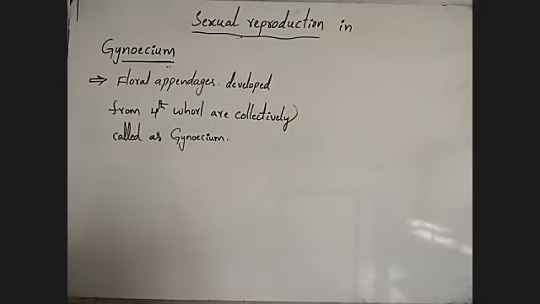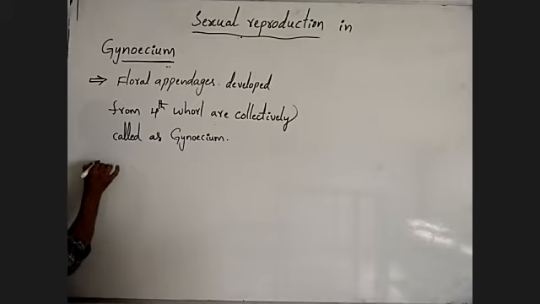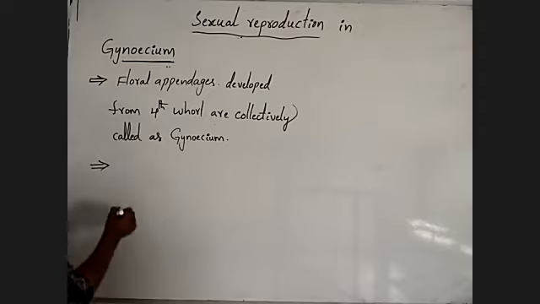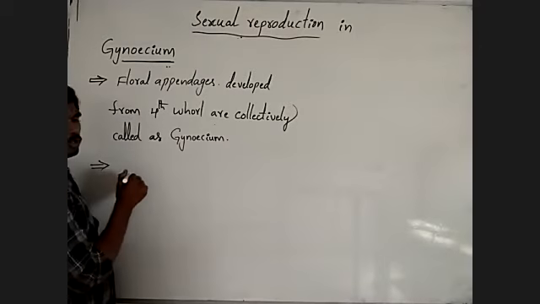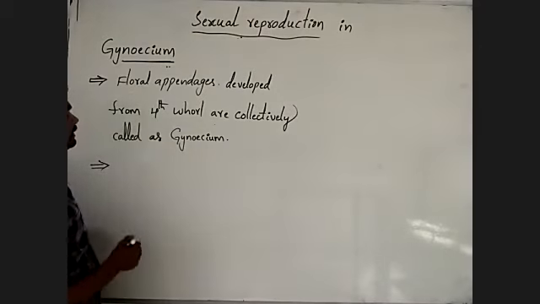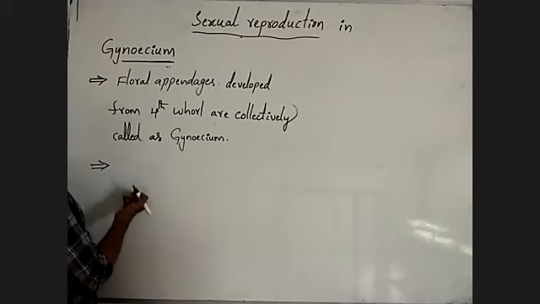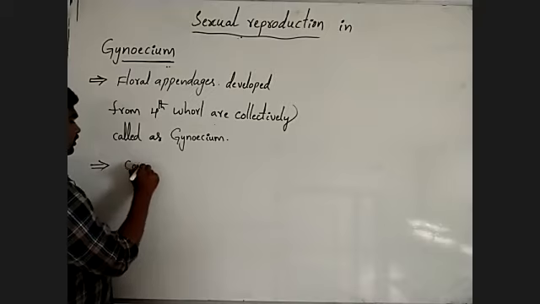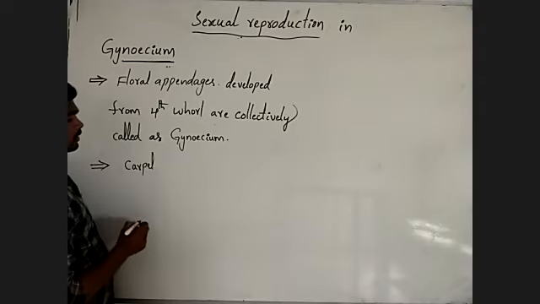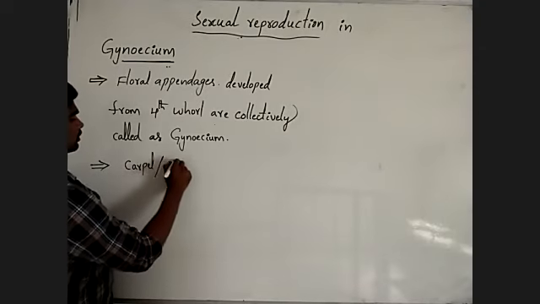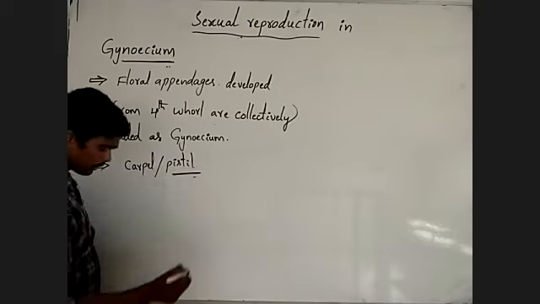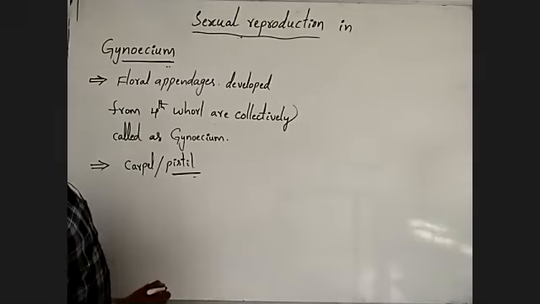Okay. Here, the individual floral part of the gynoecium is called a carpel or pistil.